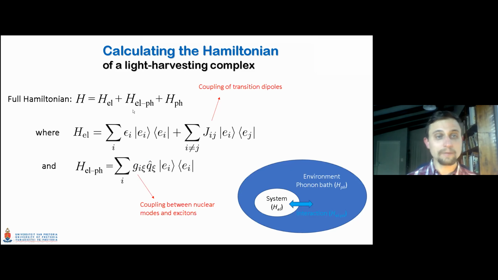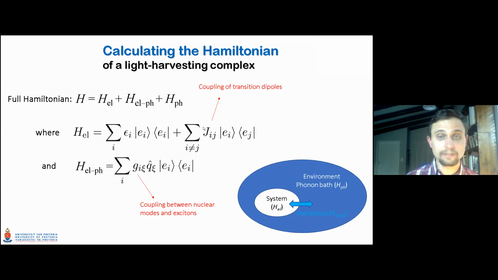Okay, and then we can expand each of these systems. So the electronic Hamiltonian, if you consider the matrix notation, on the diagonals you will have this term. This term will describe the off-diagonal components, where you have the interaction between different pigments or different transition dipole moments.